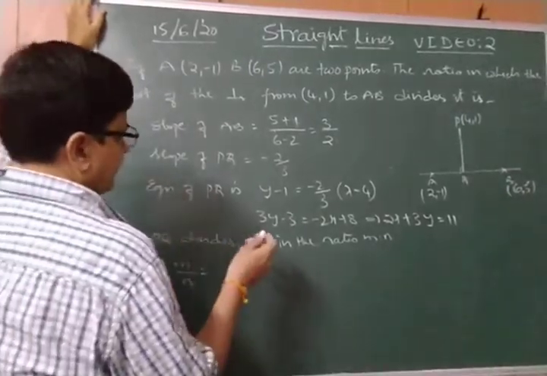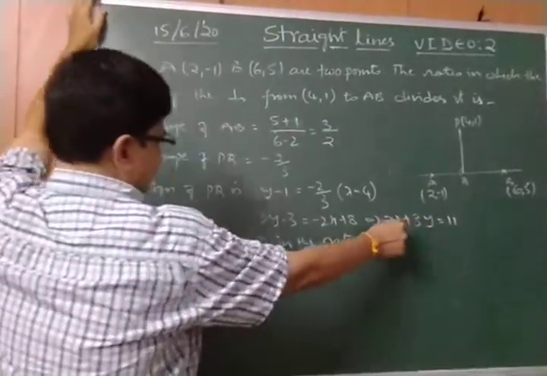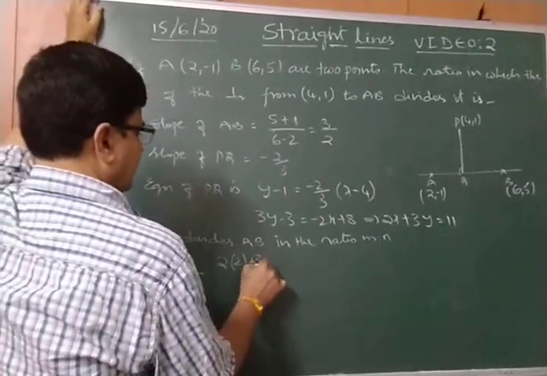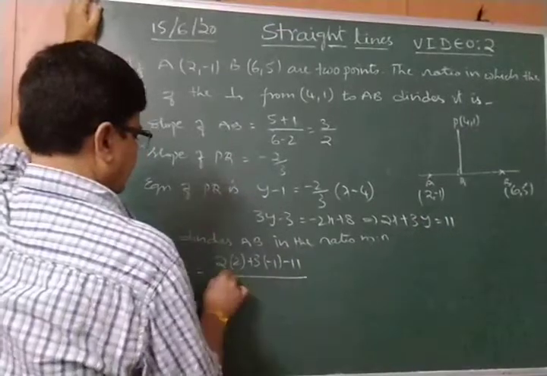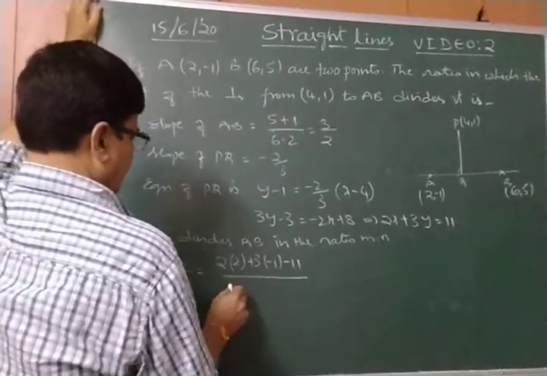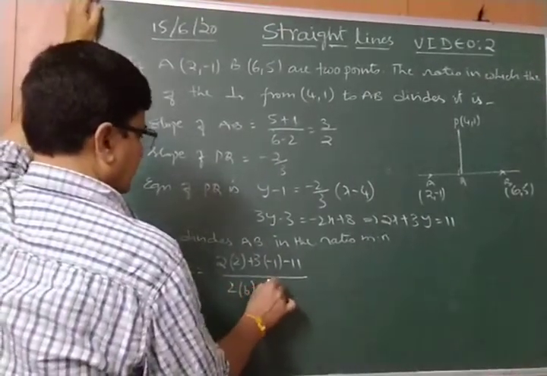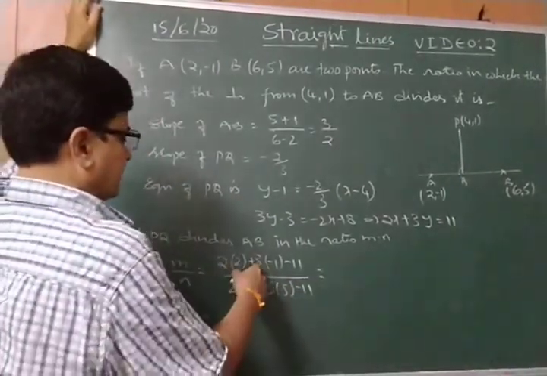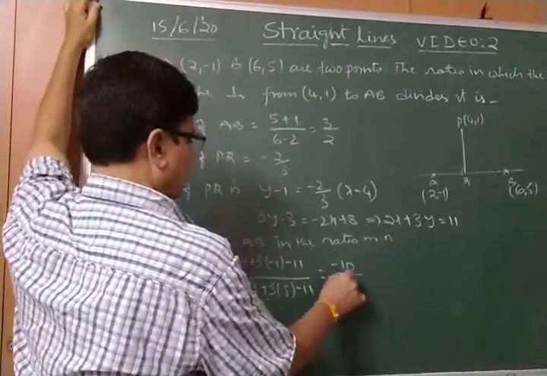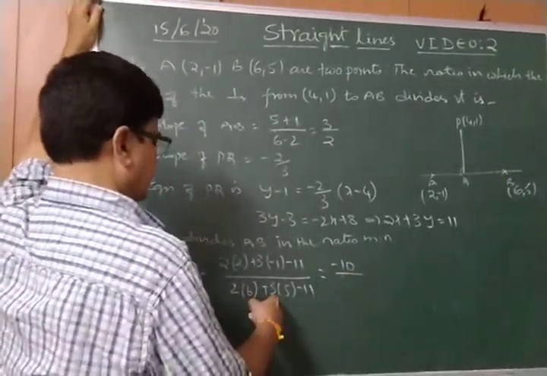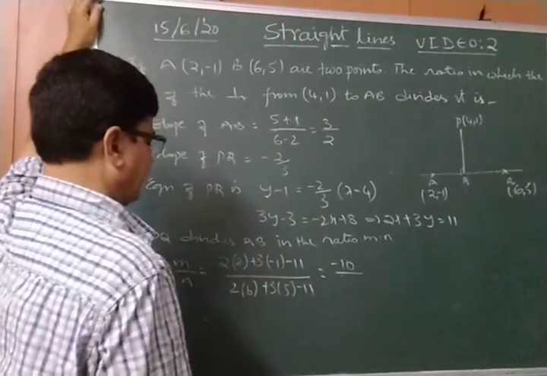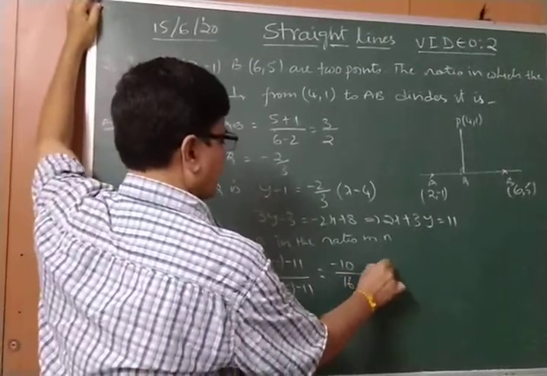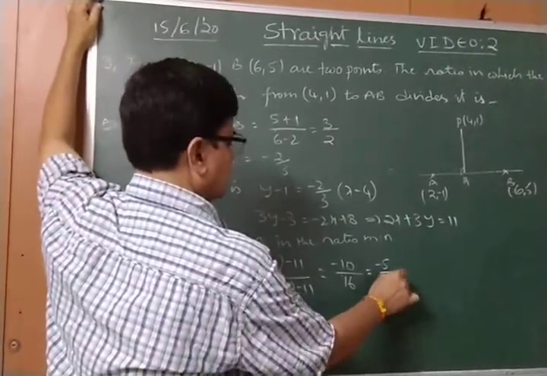L11 means the point A lies on the given line: 2 plus 3 into minus 1 minus 11, by 2 into 6 plus 3 into 5 minus 11, that is equal to 4 minus 3 minus 11 by 12 plus 15 minus 11, that is minus 10 by 16, minus 5 by 8.